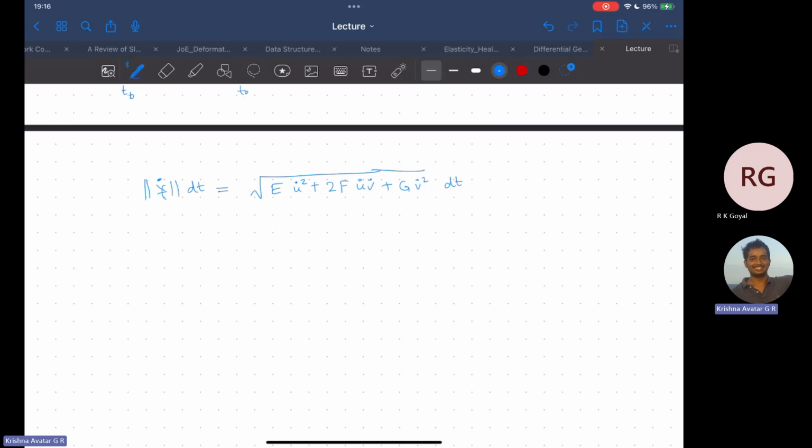And we know very well that the norm of gamma dot dt is nothing but d gamma by dt into dt, right? And dt is always positive in nature, which means that we can bring dt out. So this means it's an infinitesimal length along the curve.